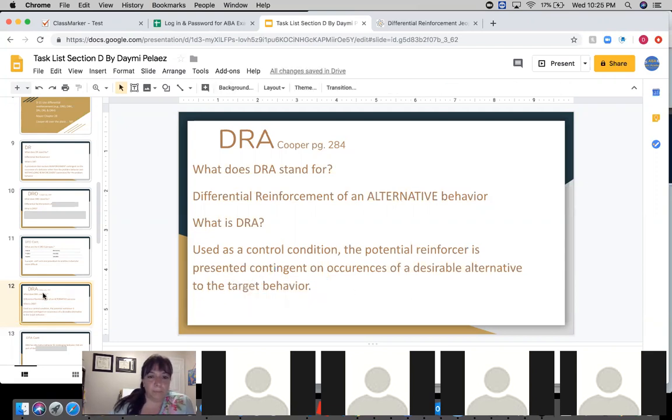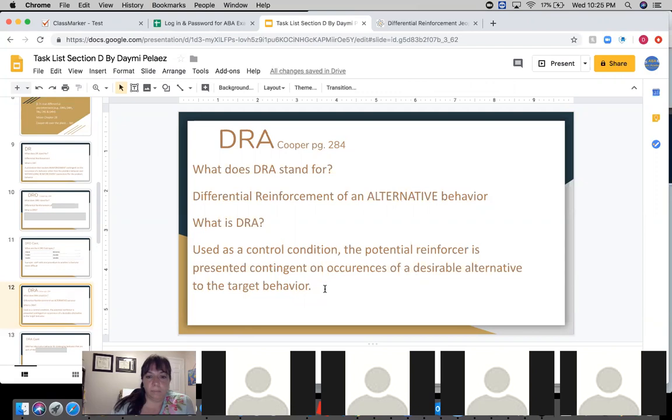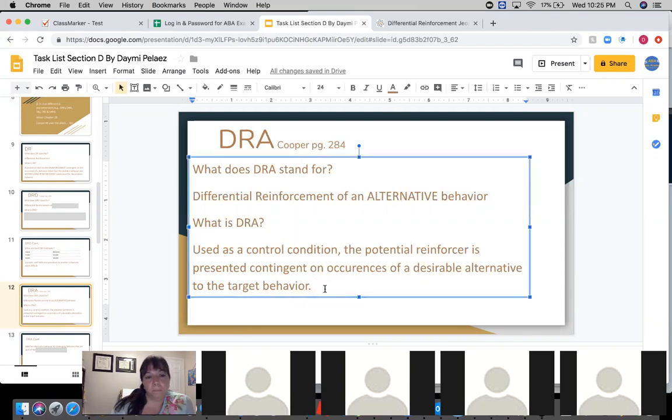Perfect. I hate to interrupt, but back on the DRO with the interval and momentary, it has nothing to do with the pause. Right. I wanted to say that too. It's about giving a reinforcement at the end of either a specific amount of time or at the end of a momentary time for when the learner is not doing the behavior other than the one that you're targeting.